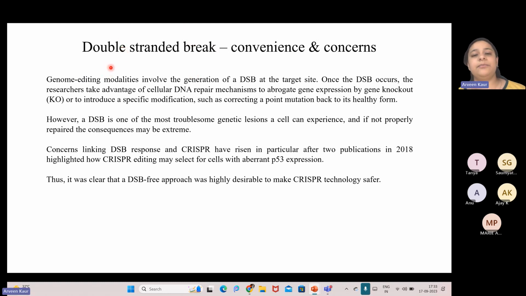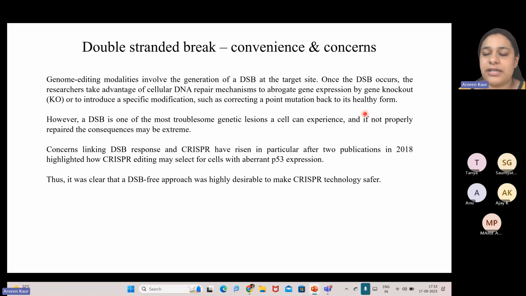Genome editing modalities involve generation of a double-stranded break, or DSB, at the target site. Once the double-stranded break occurs, researchers take advantage of cellular DNA repair mechanisms to abrogate gene expression by a gene knockout, or to introduce specific modifications such as correcting a point mutation back to its healthy form.